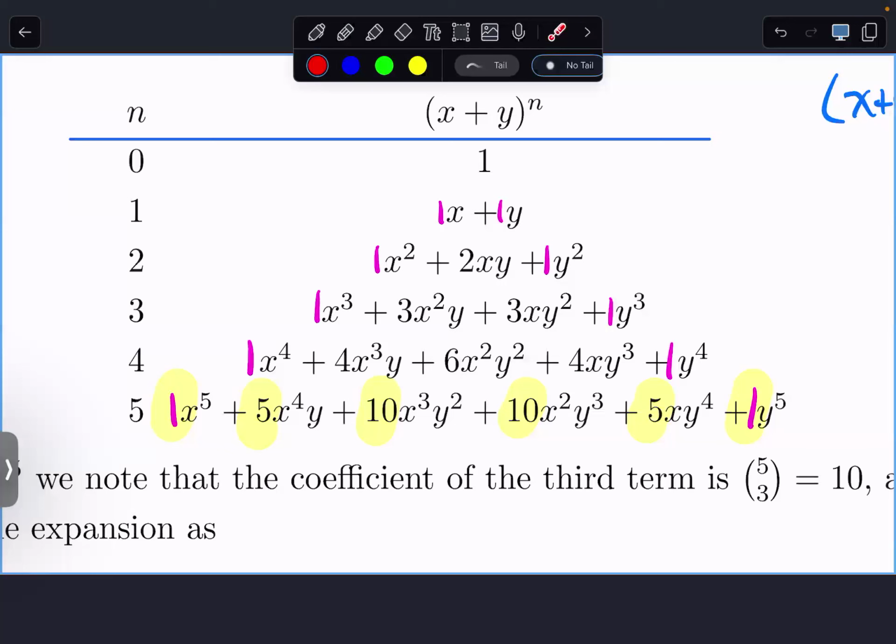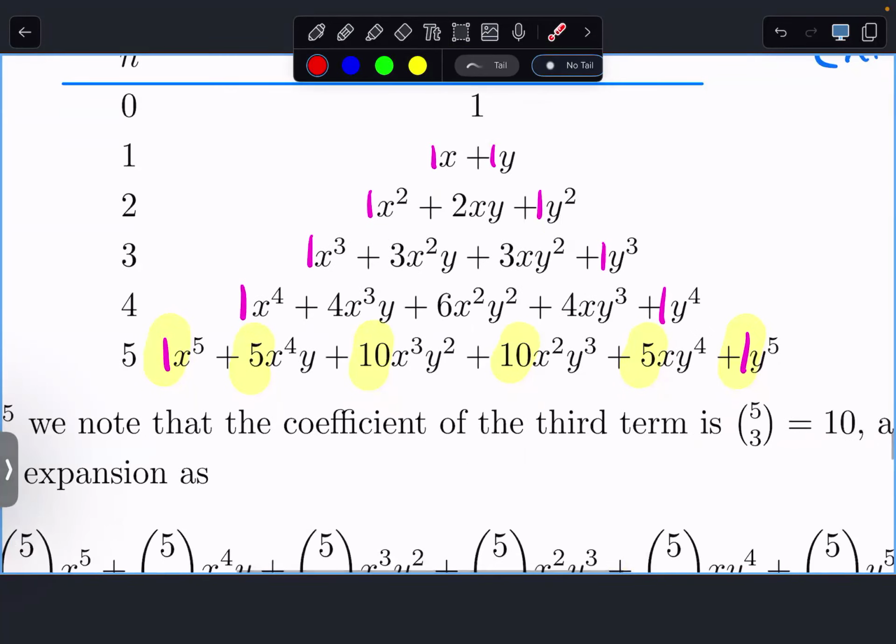Or because it's the same in reverse, it could be 5 choose 5, 5 choose 4, 3, 2, 1. There are also patterns here. We started at x to the power of 5, then the next term has x to the power of 4 and y. We still have a total of 5 in the powers: 4 plus 1 makes 5, it's just spread out.